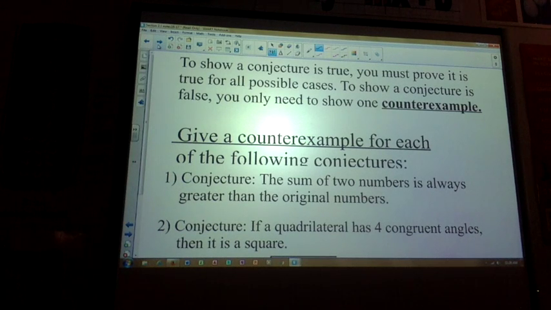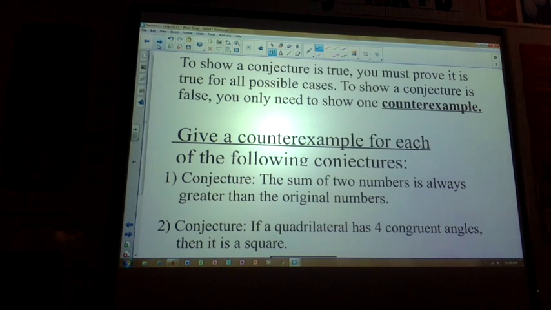To show a conjecture is true, you must prove it is true in all possible cases. To show a conjecture is false, you only need to show one counterexample.